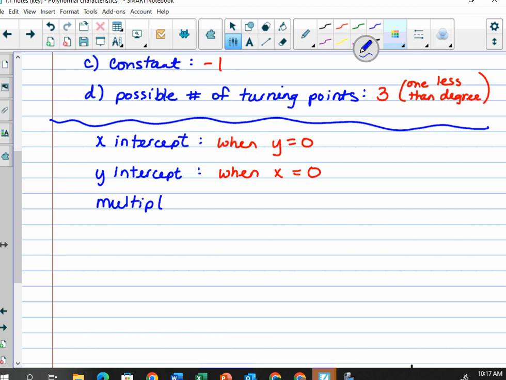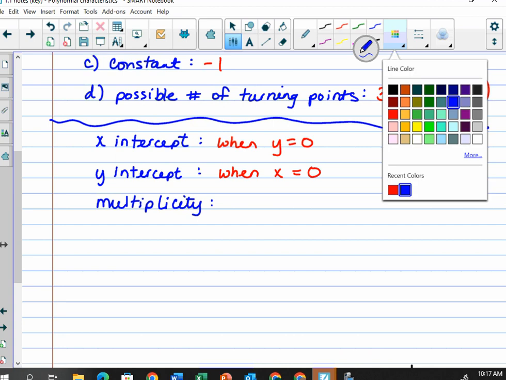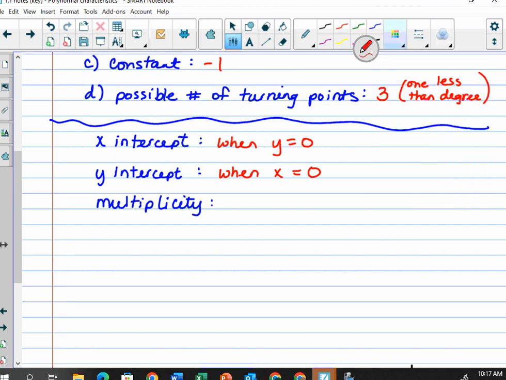All right, next one, multiplicity. You might not remember much about this one. Is the word familiar? Yeah. Do you know how to define it?